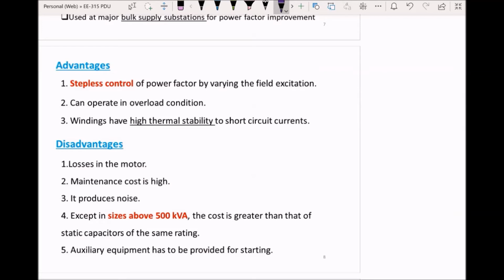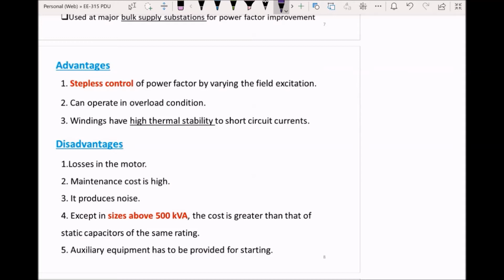Now, talking about the disadvantages: since the synchronous motor contains winding and rotating parts, there are losses associated, and also the maintenance cost is high, and its efficiency is lower due to iron losses, and there's also a noise factor.